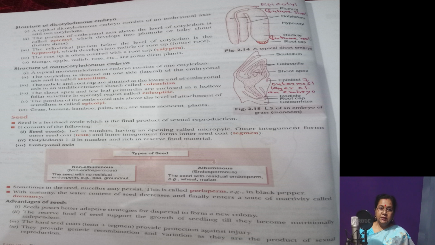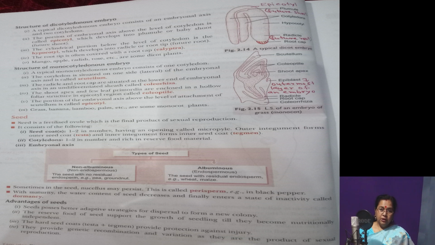Now let us discuss the seeds and their types. What are seeds? Seeds are the fertilized ovule, which is a product of the sexual reproduction in plants.